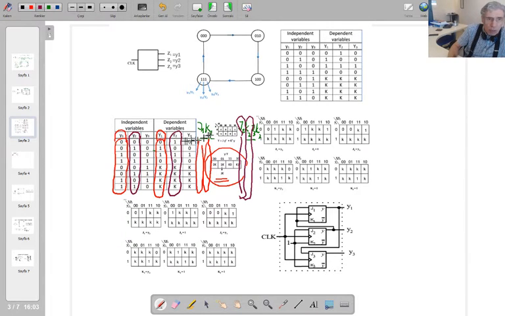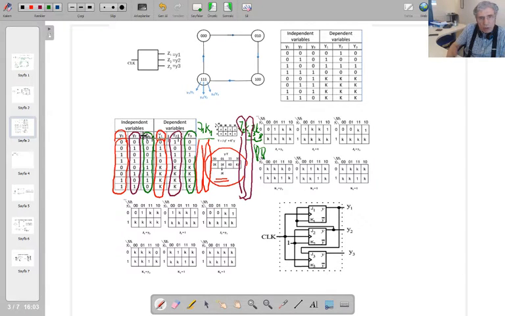The last one is small y3 and capital Y3, and we find the J3 and K3 functions. So like that.